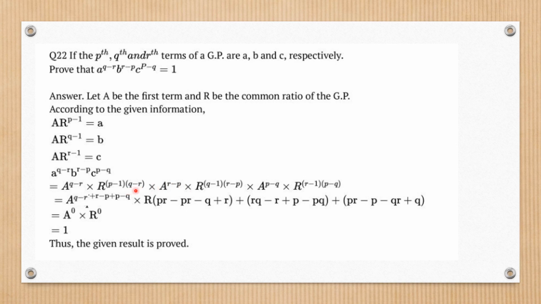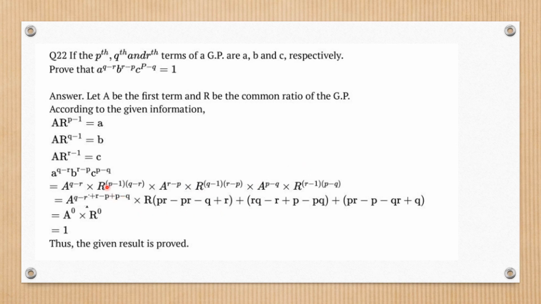Similarly, all of it here is in multiplication. For the second one, A raised to power R minus P, and this R raised to power Q minus 1 into R minus P, and similarly for the third. Now, as the bases are the same, the powers will be added.